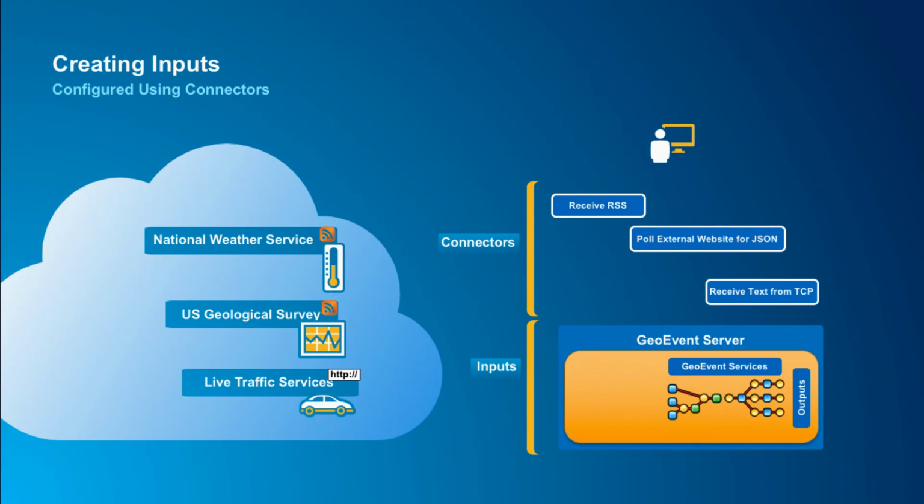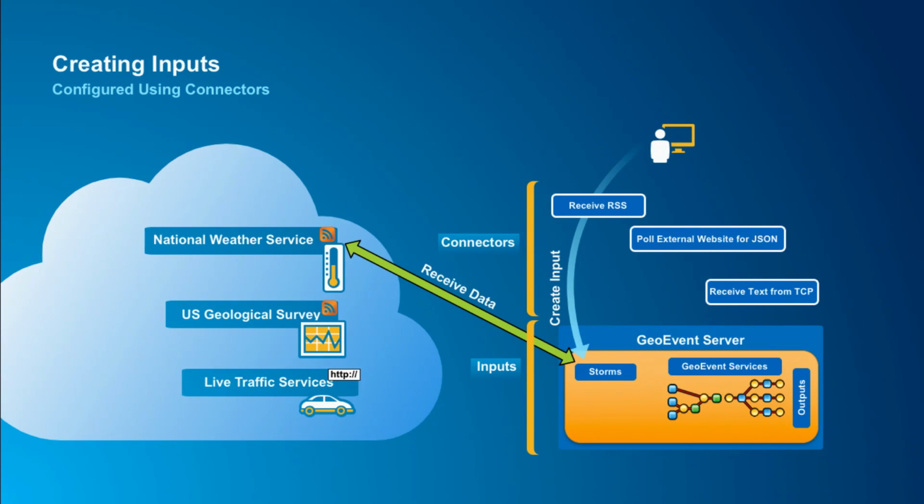He sees that the National Weather Service provides an RSS feed. So he uses the receive RSS connector to create an input called storm to connect to the National Weather Service and receive data from the RSS feed.